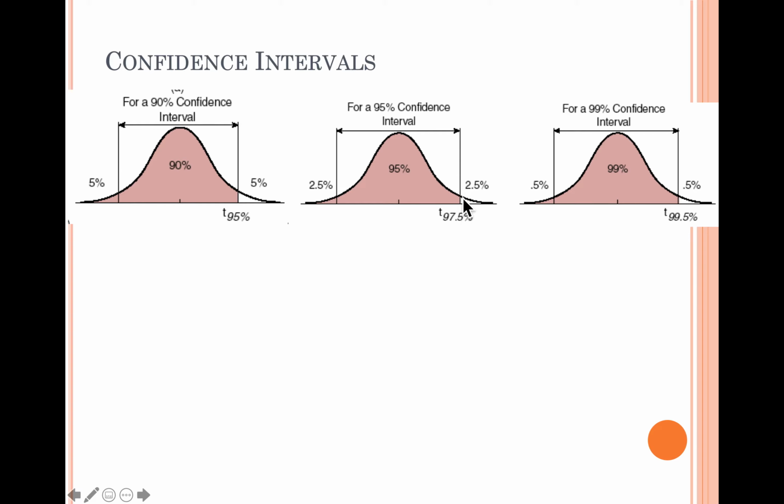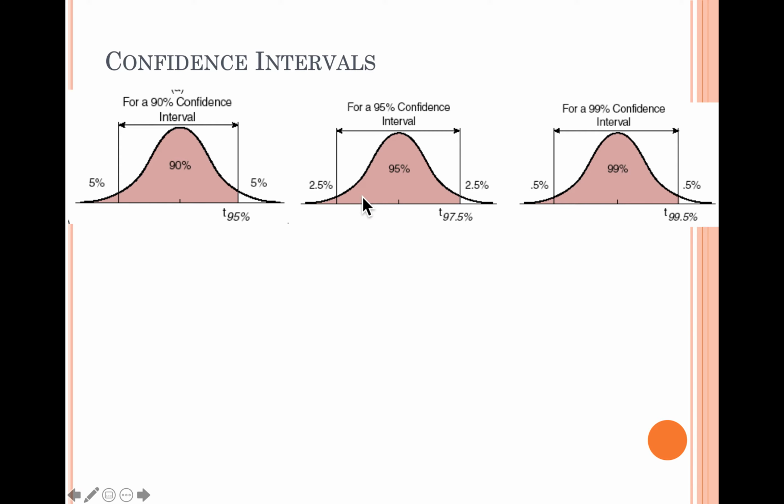That's the t-score that cuts off the upper end of this portion. And with 99% in the center, the t-score that cuts off the upper end of the cutoff portion is t 99.5. You may realize now that the numbers 99.5, 97.5, and 95 represent the area in its entirety to the left of the t-score. So there is 90% in the center plus an additional 5% in the left tail. That would make 95%.